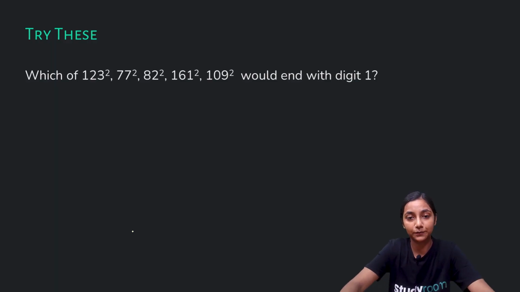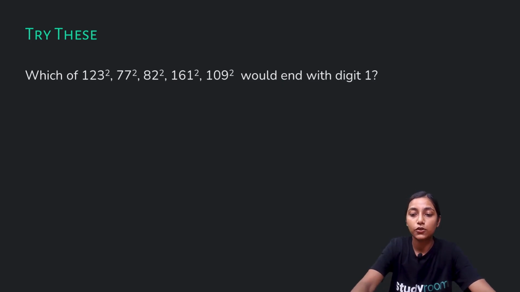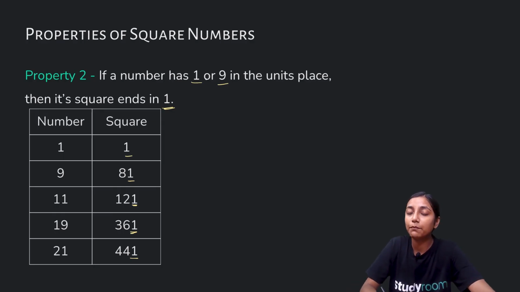Very important property. Here we have a question to try. Which of these numbers would end with digit 1 when squared? These are raised to power 2, so we need to find the squares and see which of these numbers' squares would end with digit 1. From this property, a number that has 1 or 9 at its unit place will have a square that ends in 1.